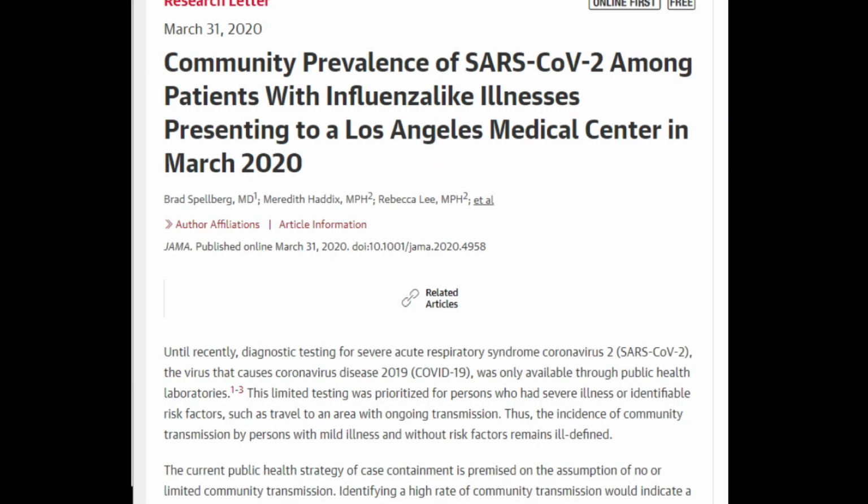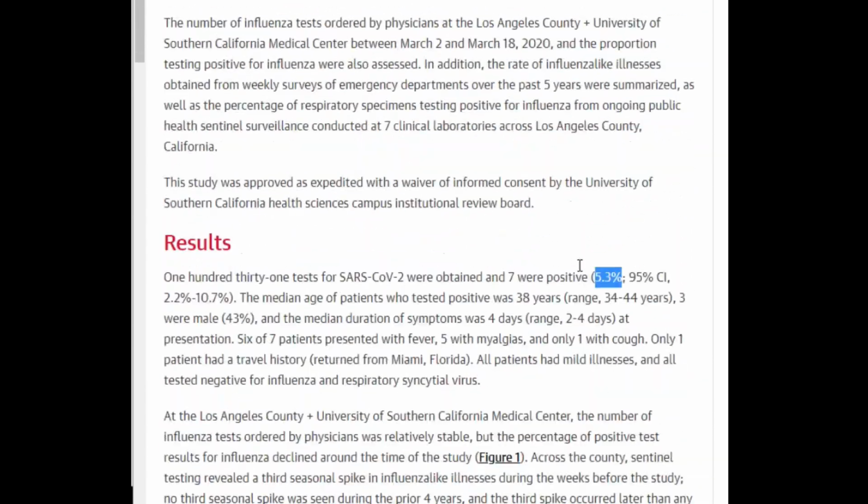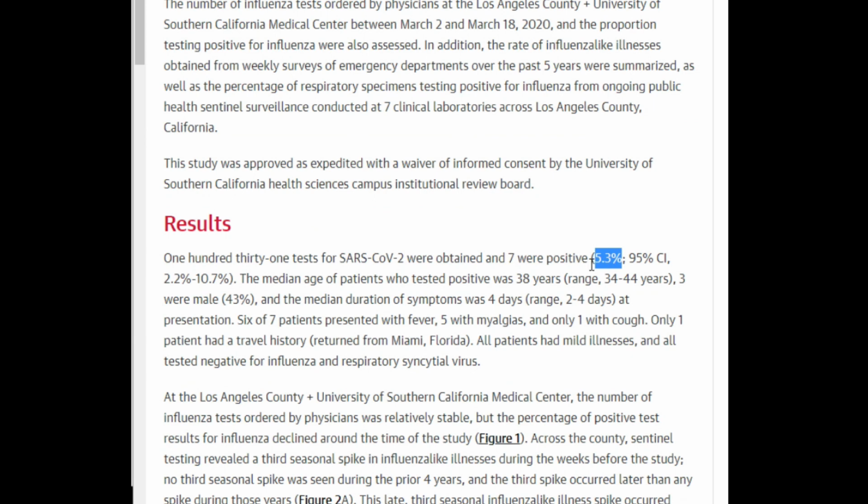A new study came out from Los Angeles Medical Center in March of 2020, where they tested 135 flu-like patients that were coming into the center, and they found that only 5.3% of the patients with flu-like symptoms had the infamous virus.